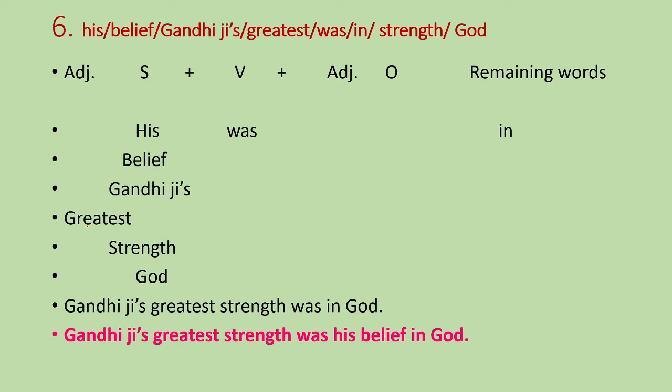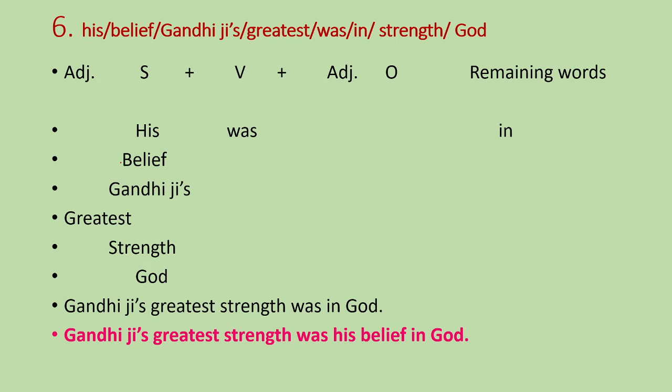So now "greatest" adjective, it can go either with belief, greatest belief, or greatest strength. So you have to choose. Most likely it will be with greatest strength. So let's write it using greatest with strength. So Gandhiji's greatest strength. So the verb now is "was", was in God.